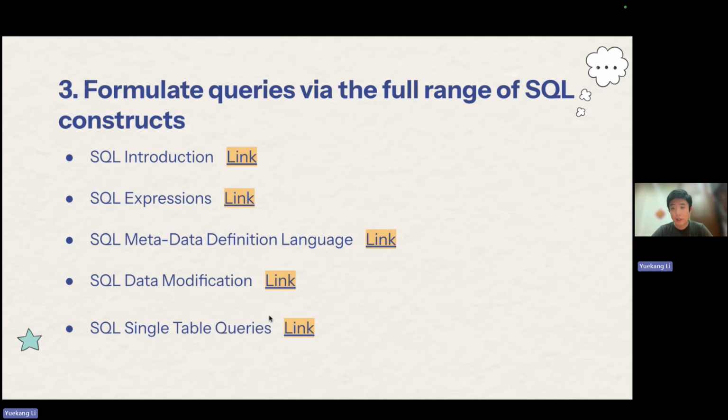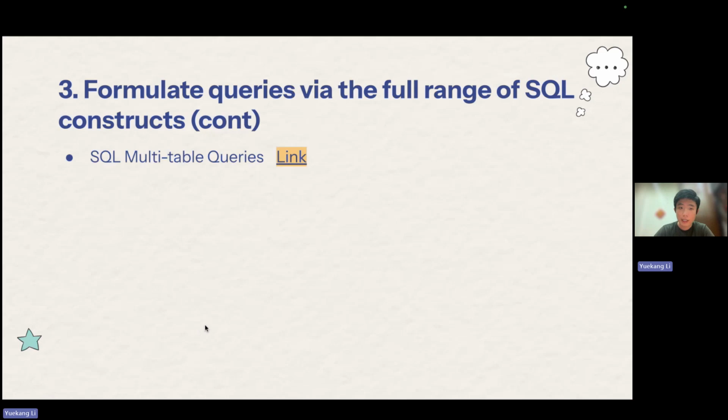As a query language, the most important concept here is query. And we learned how to write single table queries to retrieve data. And we also learned how to write queries to retrieve data from multiple tables using the join keyword.